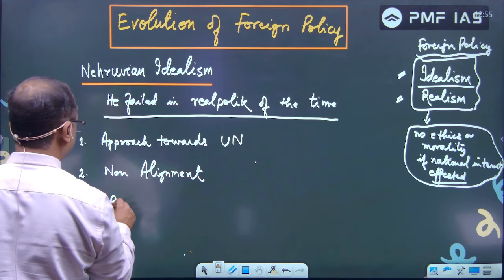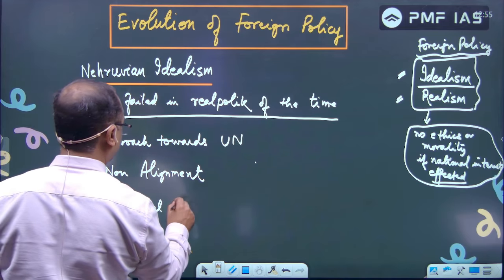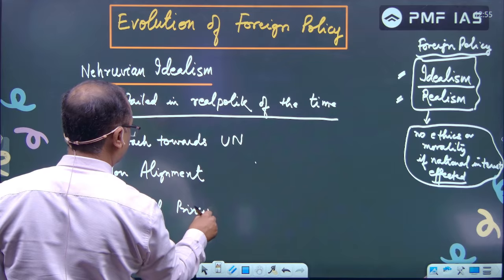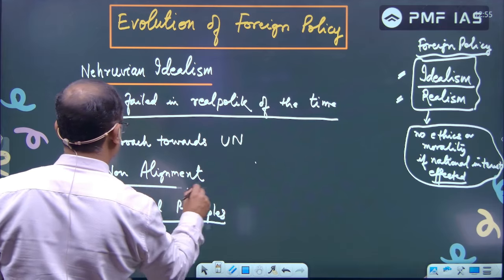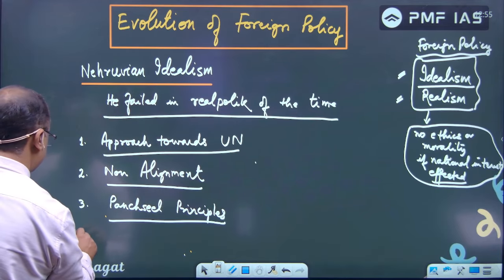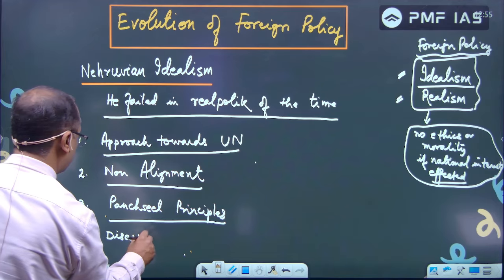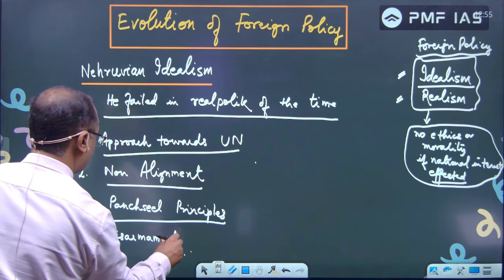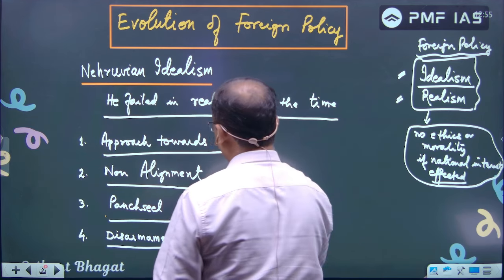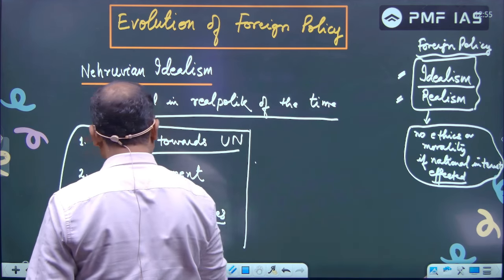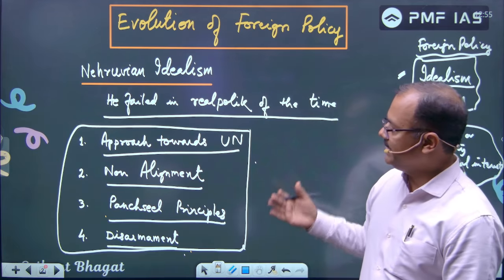Number three, Panchasheel principles. And number four, disarmament. Four segments are there under which we shall be studying Nehru's foreign policy, making analysis based on that.